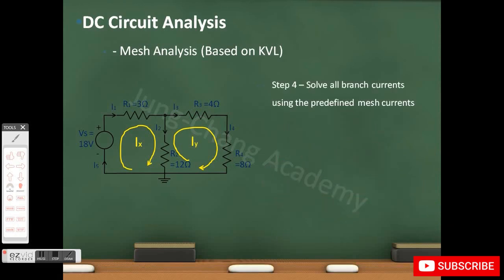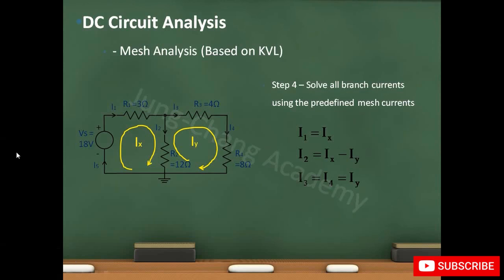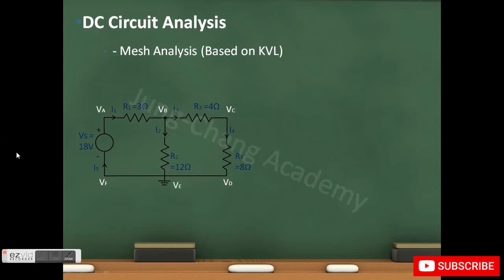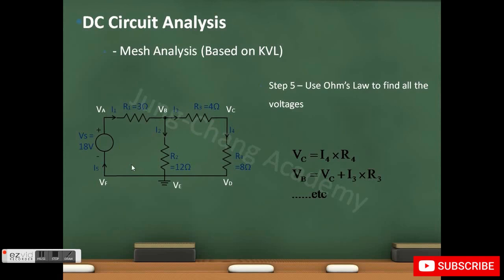Once you solve Ix and Iy, you can just find all the branch currents I1, I2, I3 and I4. Now from the branch currents, you can use Ohm's law to find out all the voltages. For example, Vc is just 0 volt plus I4 times R4, and etc.